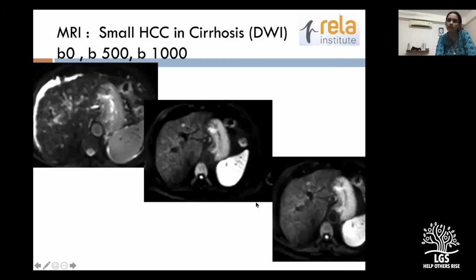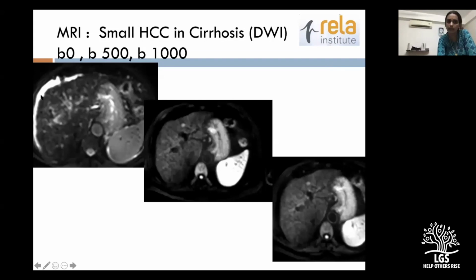Next, this is a diffusion weighted image. What we look for here, as far as the surgeon needs to know, is there will be three sets of images, what is called the B0, the B500, and the B1000. What we are looking for serially is any lesion that shows restricted diffusion. Lesions like HCC, which have a high cellular count, will show restriction of the diffusion of the protons, and that's what the MR machine picks up.